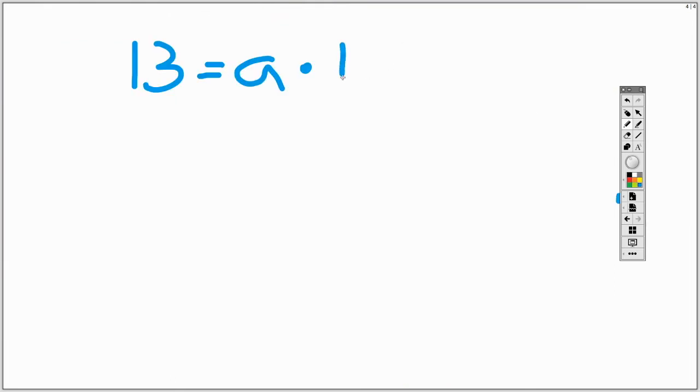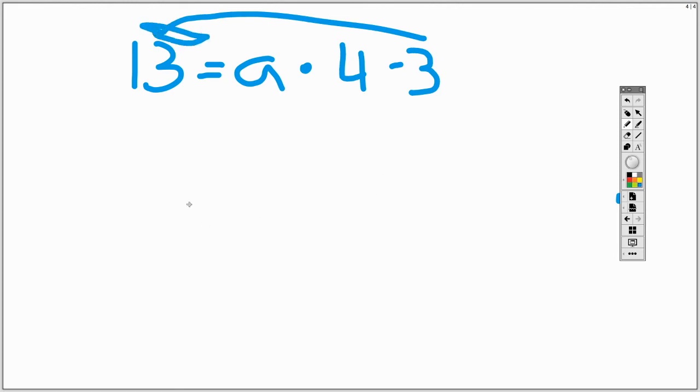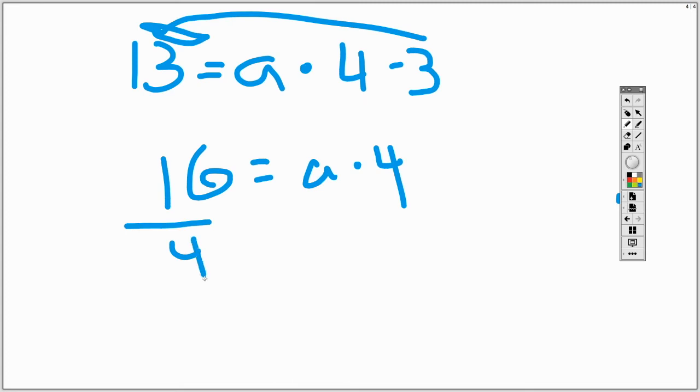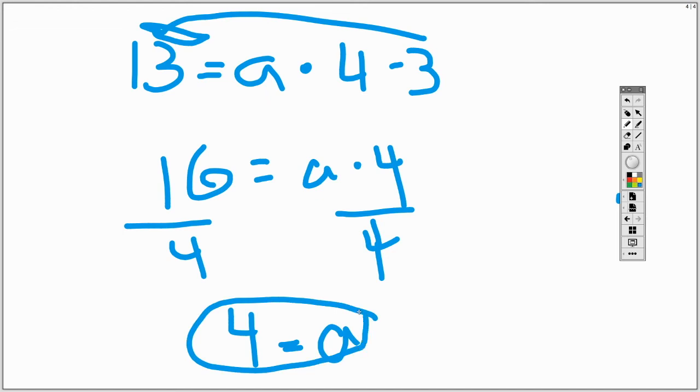So I'm going to move the minus 3 over, and it becomes 16 equals a times 4. Since this is multiplied by 4, I'm going to divide on both sides and do the reverse operation. So this becomes 4 equals a, and that's our answer.